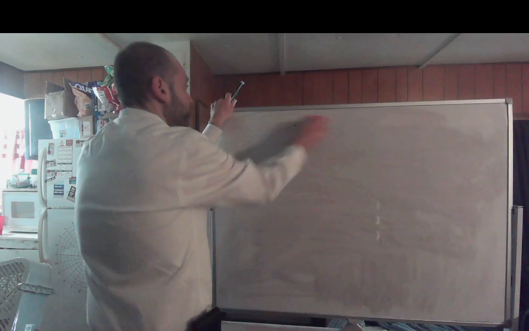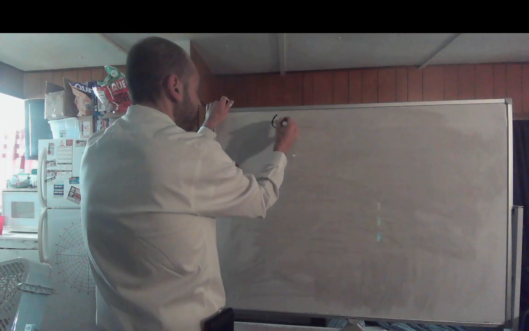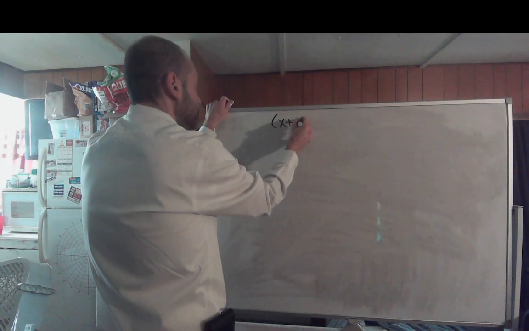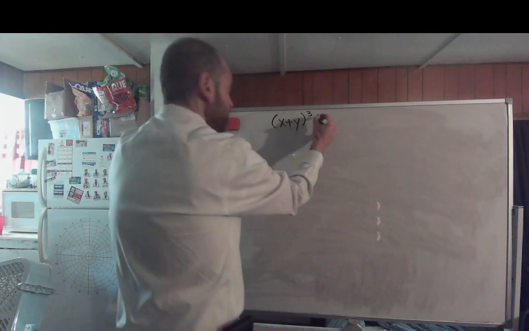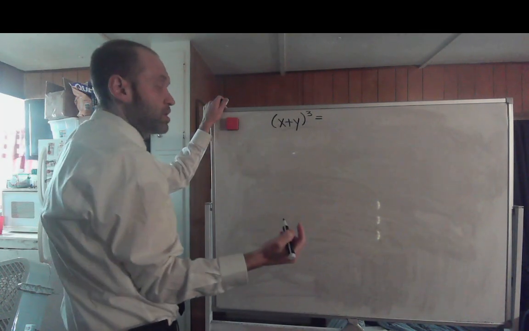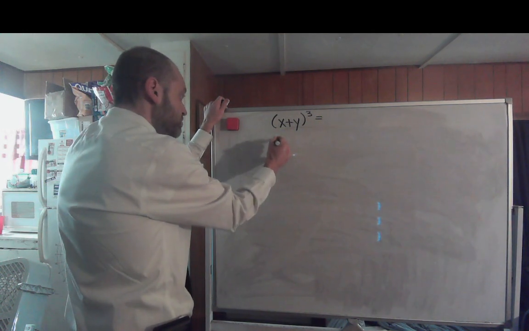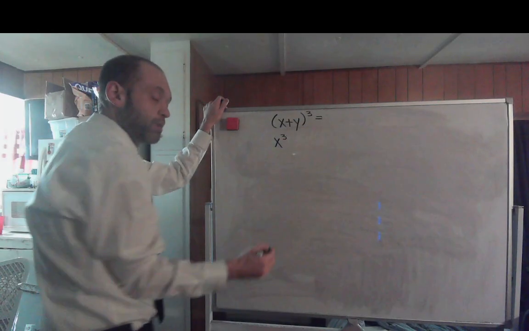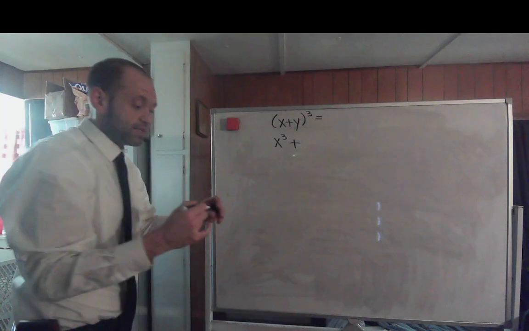So why don't I just start with x plus y raised to the third power. Let's take x plus y to the third power. x to the third, of course, would be our very first term. Now, how am I going to go about getting the next term?